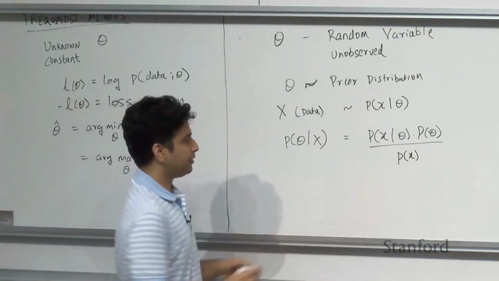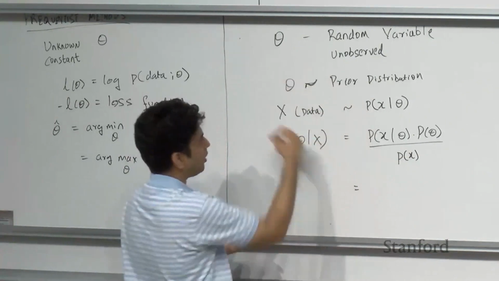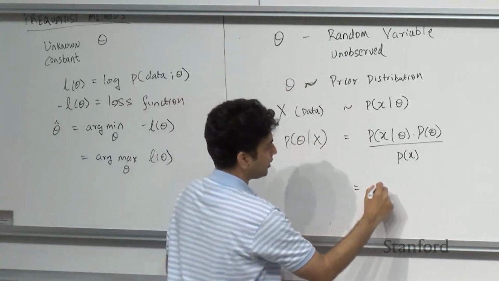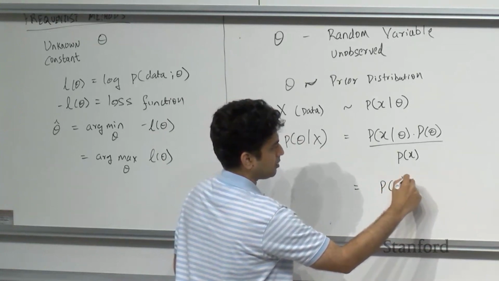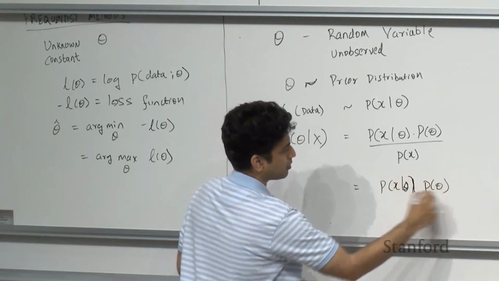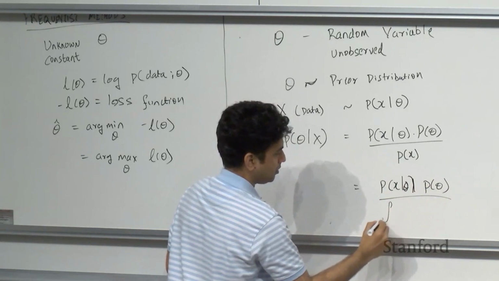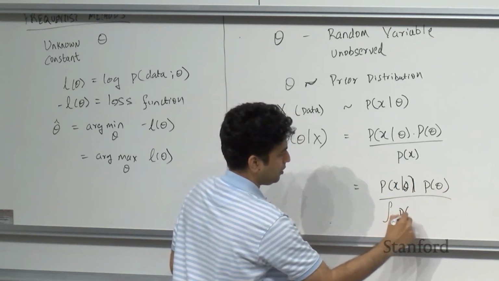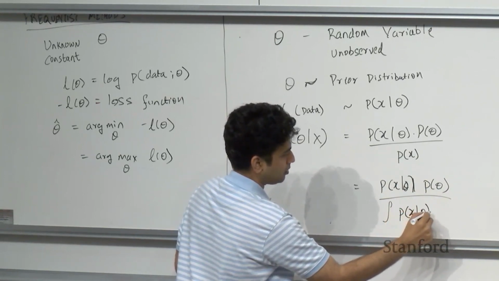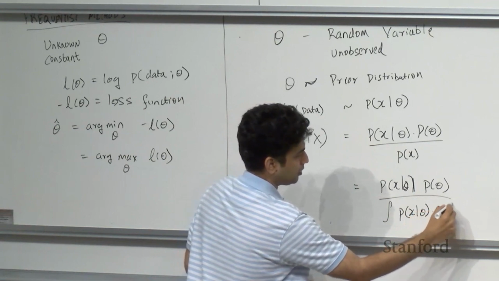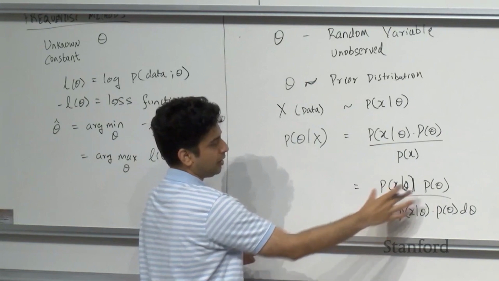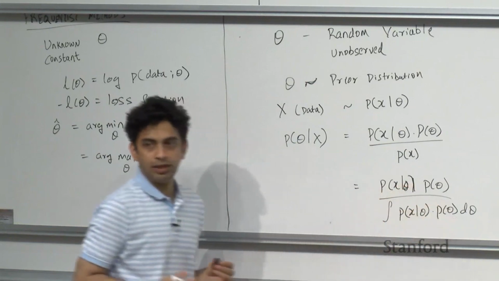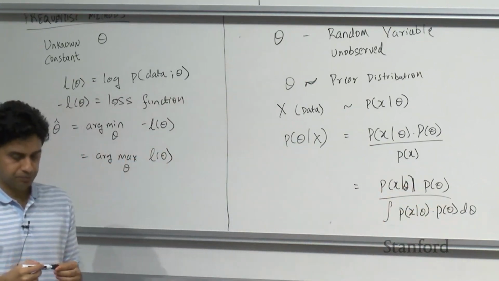And p of x, we don't know what p of x is, but p of x is the integral of p of x given theta times p of theta d theta. So basically it's the numerator, take the numerator and integrate out theta, and that gives you p of x, right?